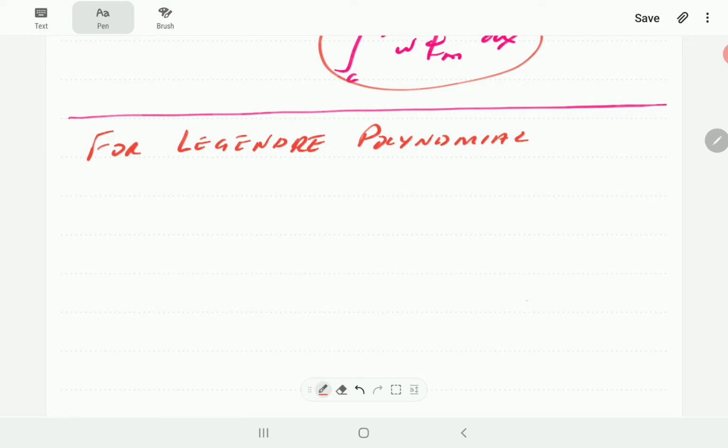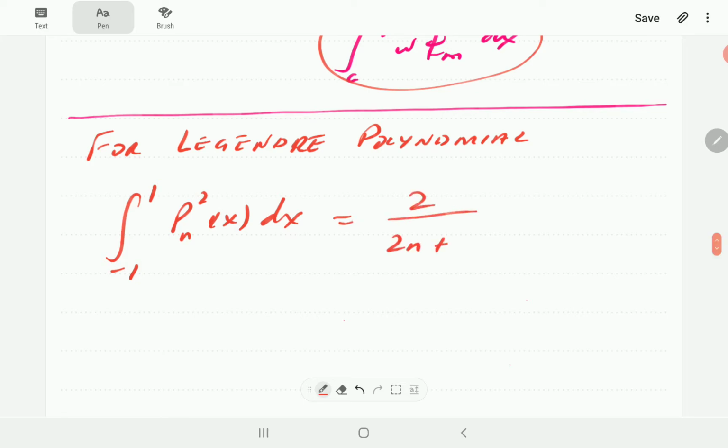We know that the interval of orthogonality is -1 to 1. The weight function is 1, and the integral of Pn squared dx is 2 over 2n plus 1.